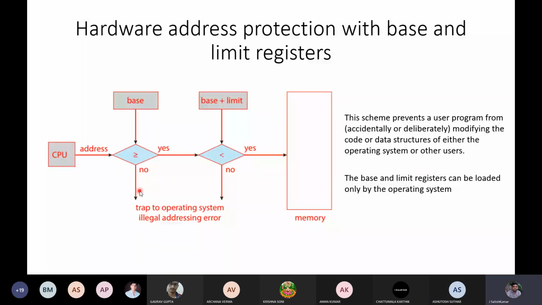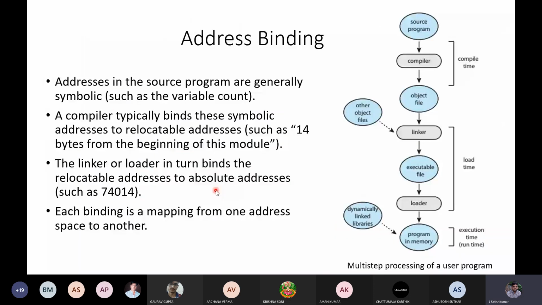Okay. Now, typically, this is how the user program will be generated, right? You have a source program. In the source program, you will compile and create an object file. The compile time will help you generate your source program into an object file.